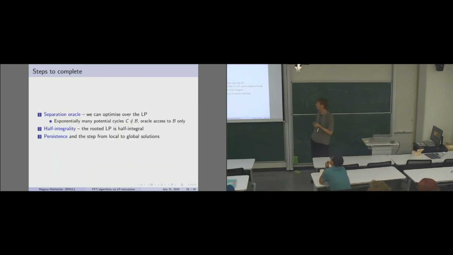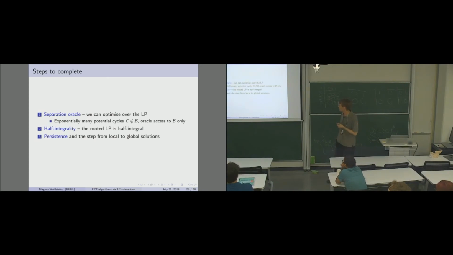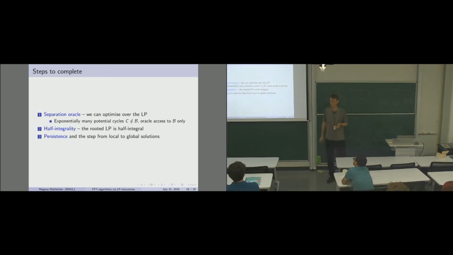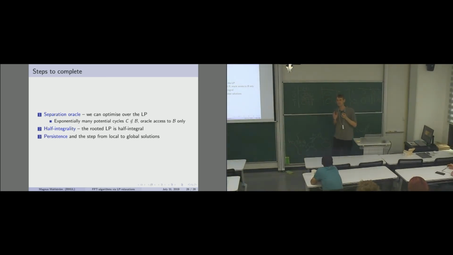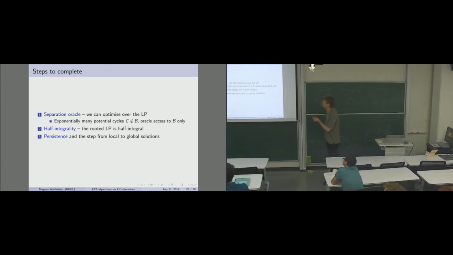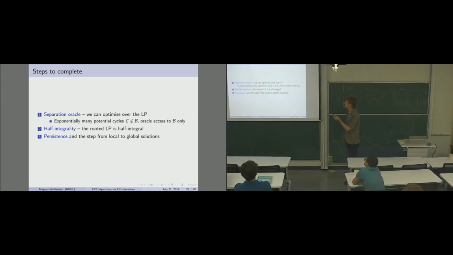So the separation oracle I sketched, half integrality, does follow. It's very close to the node multi-way cut proof, actually. And persistence is a strange thing, but I will not dive into it. Assuming that we are able to solve, well, local persistence is probably clear enough.